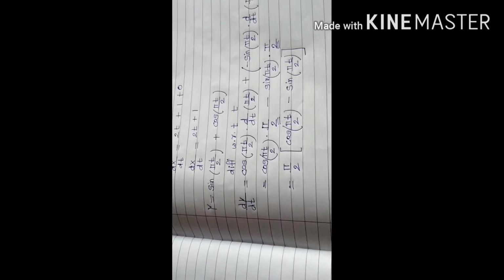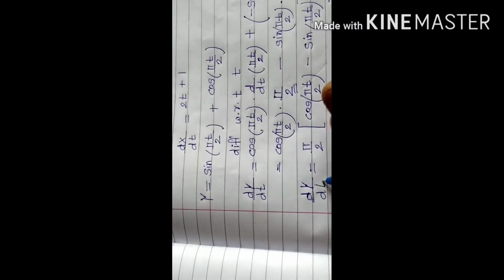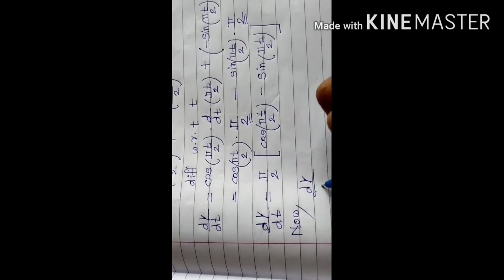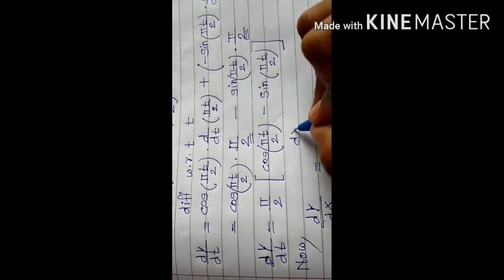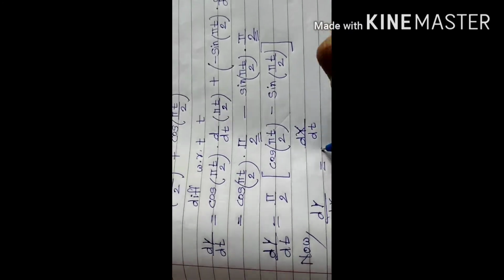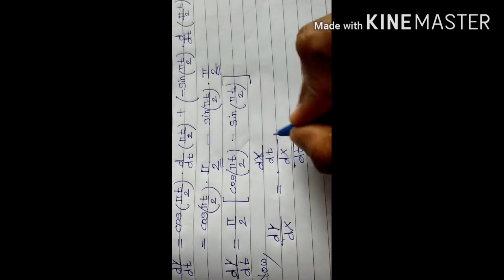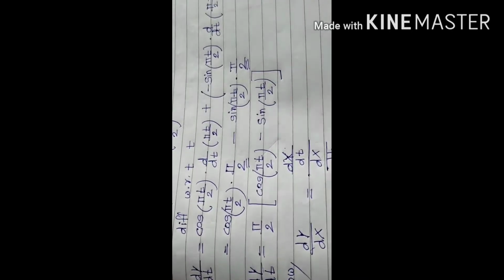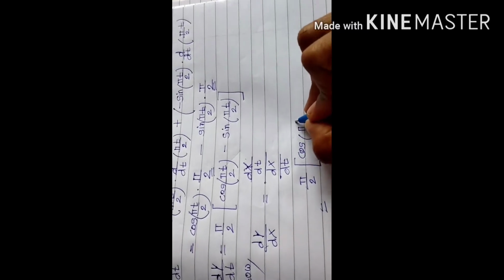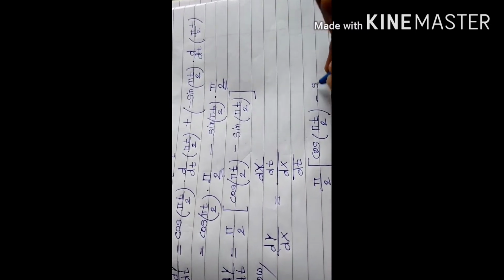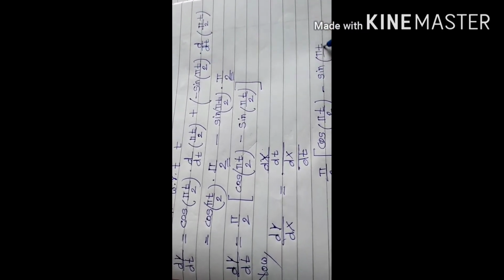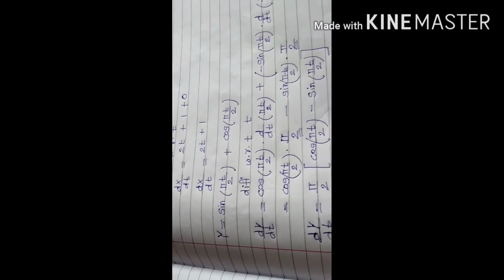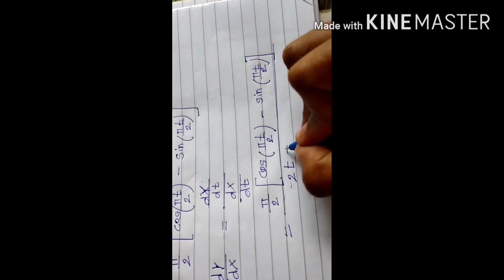Now use the formula, dy upon dt. Now put the value of dy upon dt, which is pi by 2 cos, and the value of dx upon dt is 2t plus 1, so write 2t plus 1.